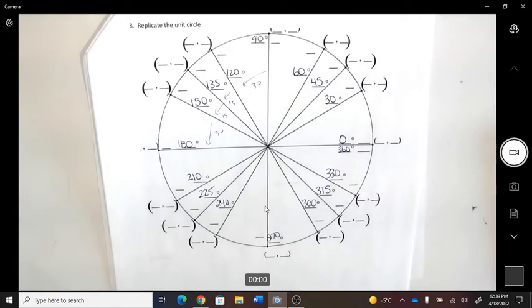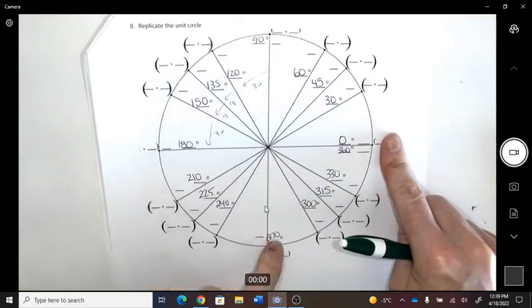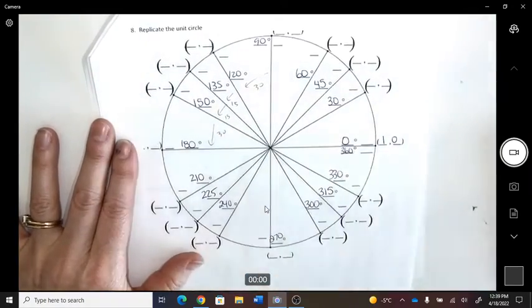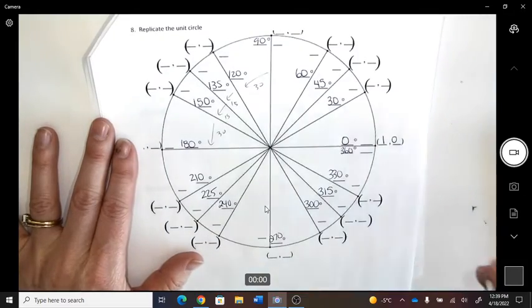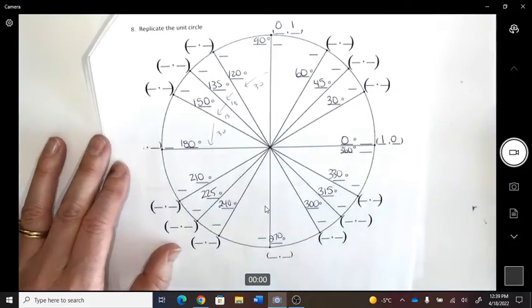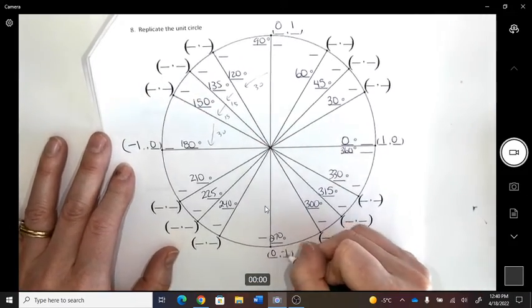Okay, my next recommendation is to put the 4 quadrant corners. So this would be 1, 0. This would be the coordinate 0, 1, -1, 0, and 0, -1.